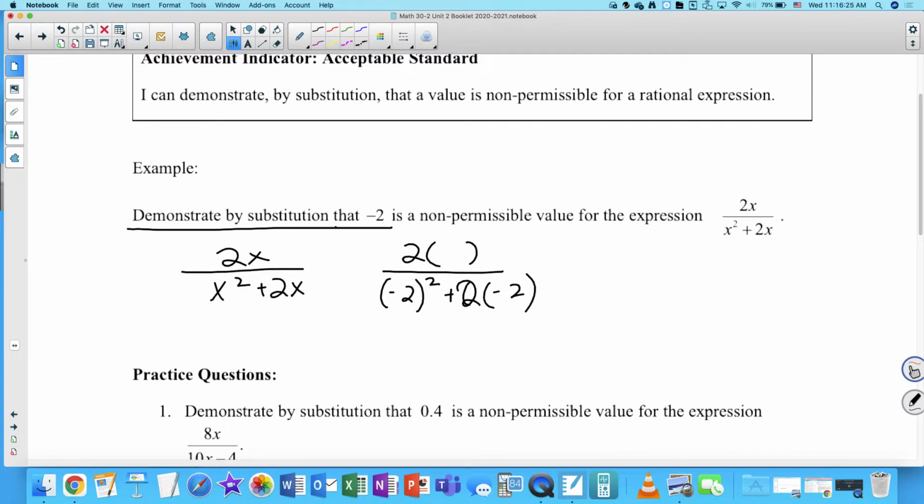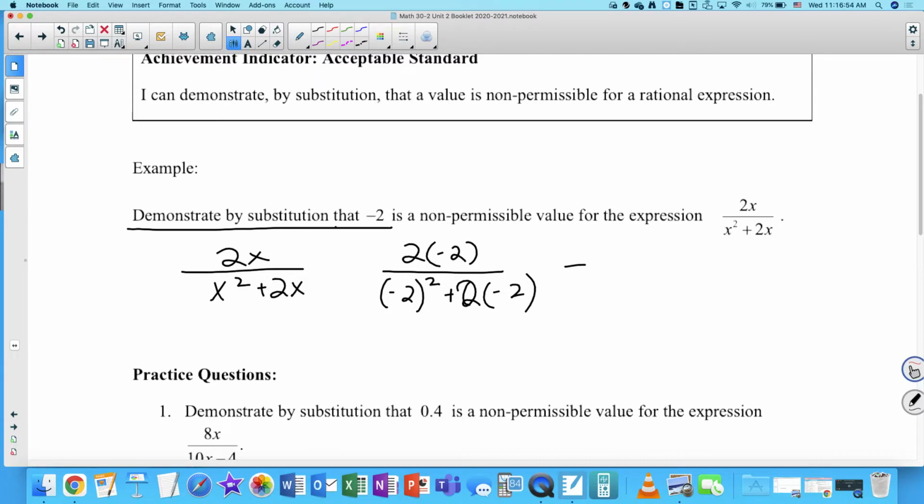I recommend that whenever you substitute, you replace the x's with a set of brackets like I've done. And it's especially important when you're substituting in a negative value, okay? Because -2 in brackets squared is +4. -2 squared is actually -4 if this wasn't in brackets. And if you are trying to do this on your calculator, you're going to be confused, okay?